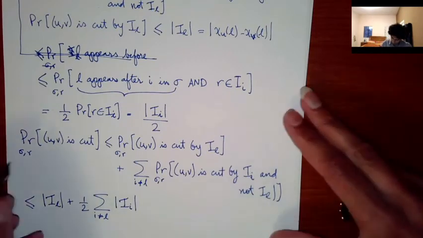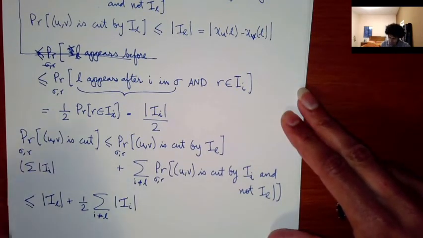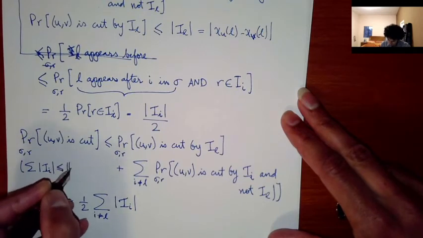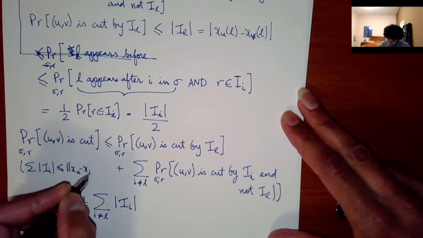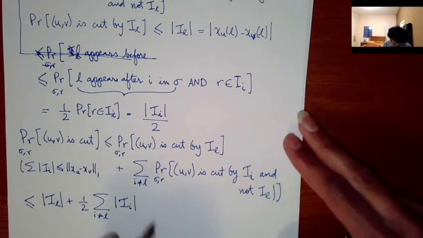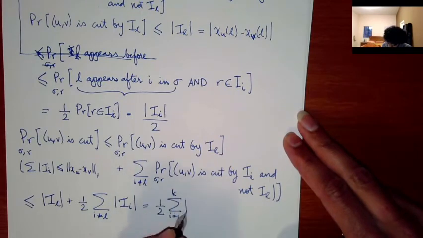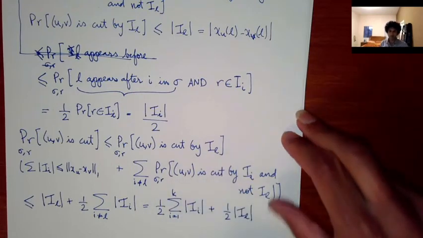Now remember that the summation of the size of all the intervals was at most the one norm. So I'm just going to bound this as half of the summation of i going from 1 to k of the length of I_i, plus half of this.